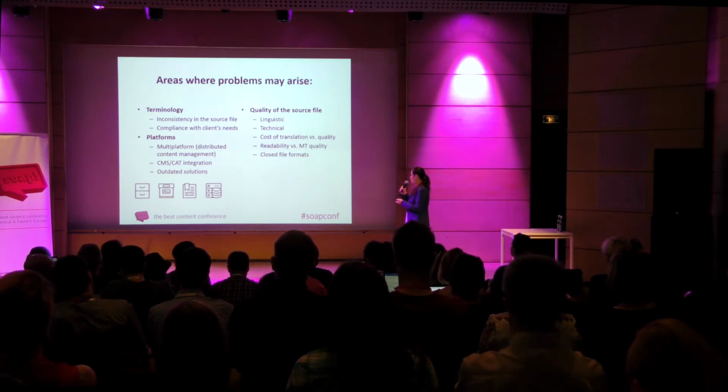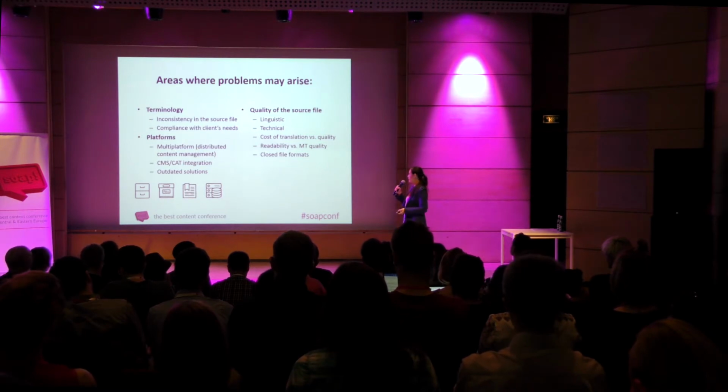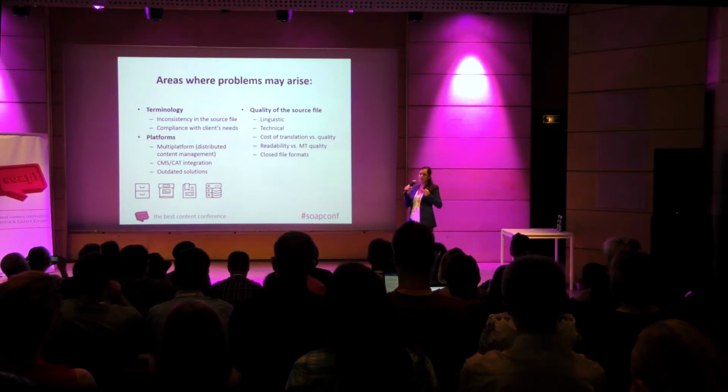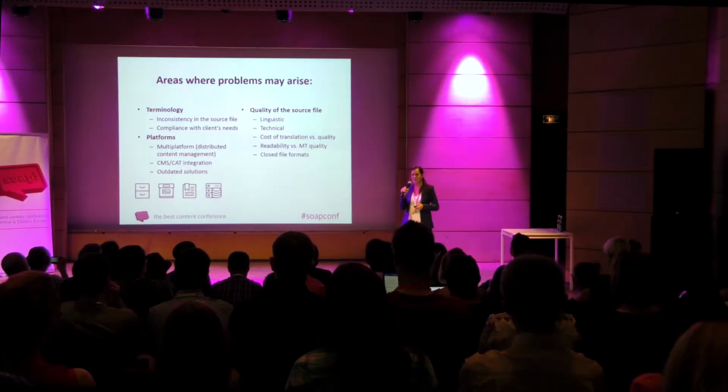So there is the issue of readability versus machine translation quality, and the awareness to work on closed file formats. People send us a PDF file and they think it's the best. No, it's better to send us a data file, XML file, HTML file, XLIFF file, any other file, but PDF is really the worst. So we will talk about that later.